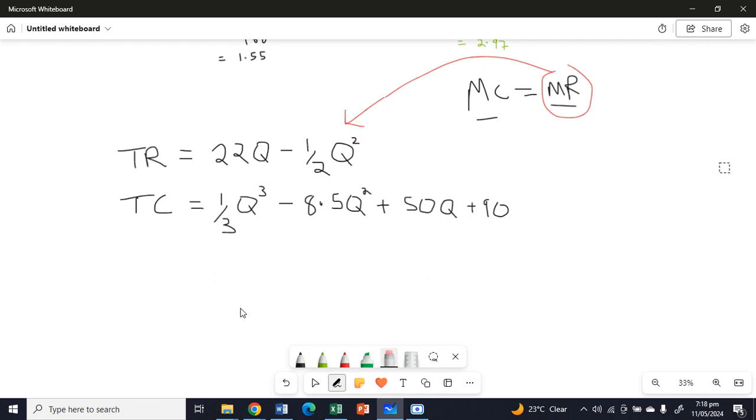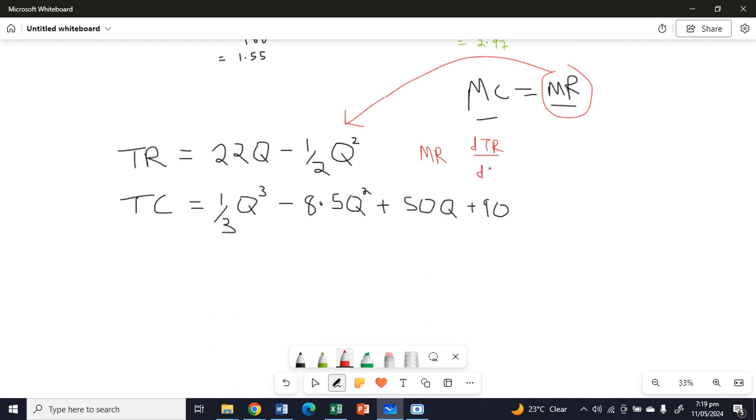So for the total revenue, we have to get the marginal revenue, which is the derivative, meaning you need to derive. So we say marginal revenue, and we write this as d TR dq.